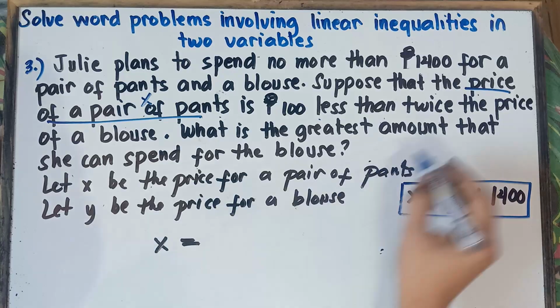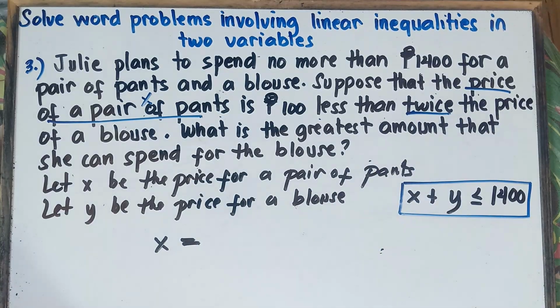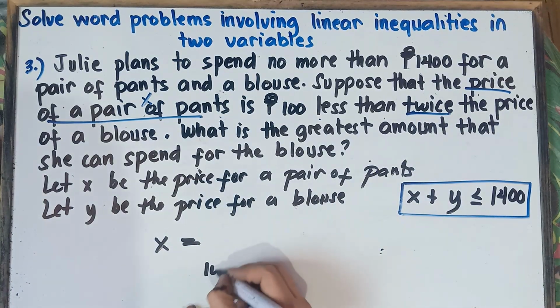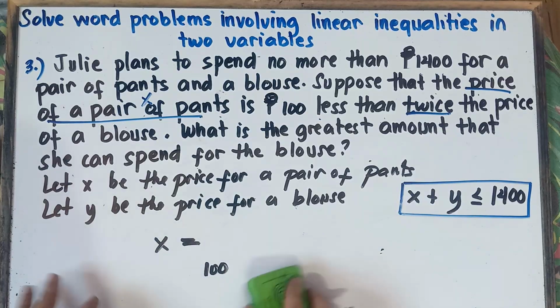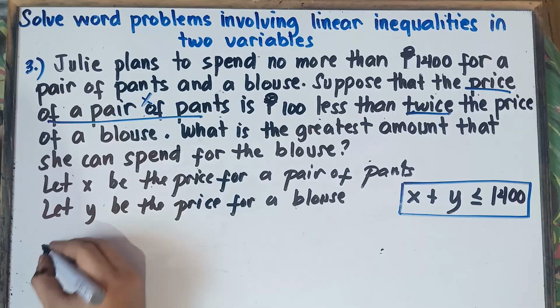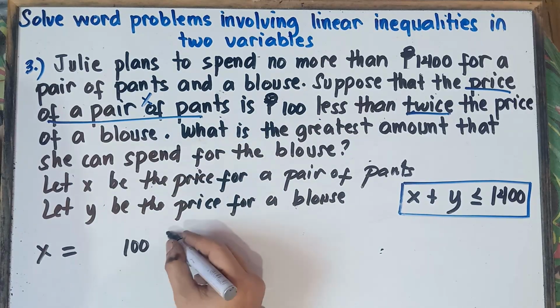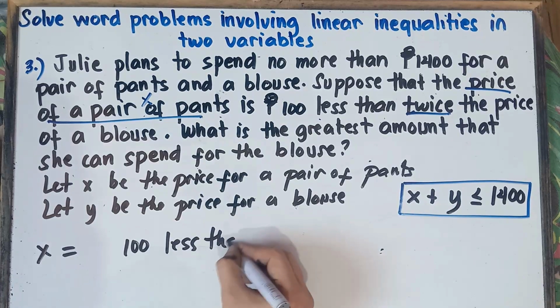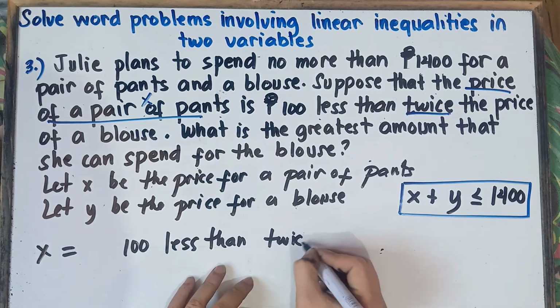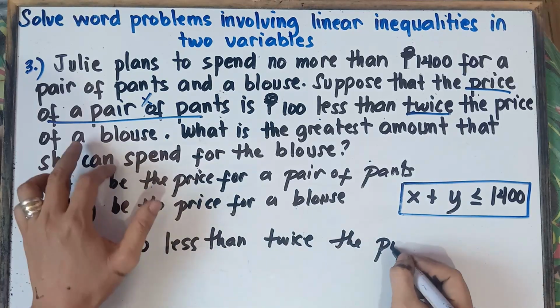So, let's have this word twice. Let me just write that one, class, for you not to be confused. We have the price of a pair of pants, that would be X, equal sign, 100 less than twice the price of a blouse.